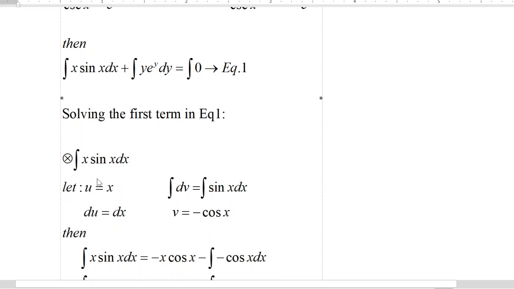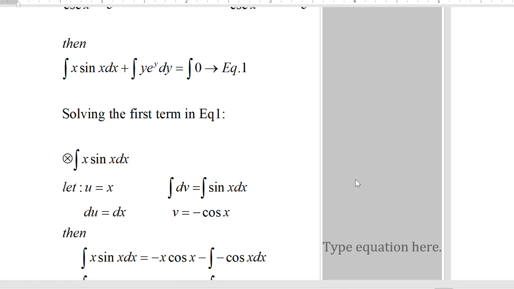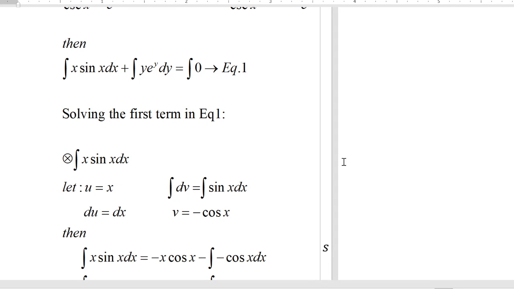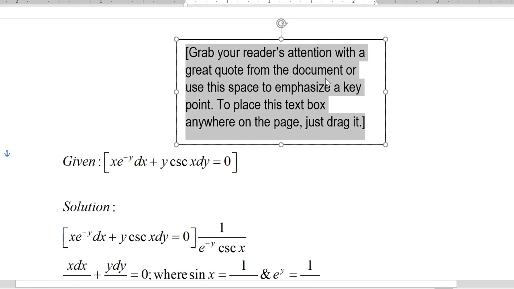Let us recall that integration by parts: the integral of u dv is equal to, let us write it. Insert a text box.